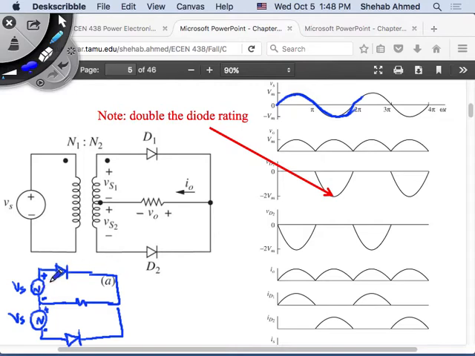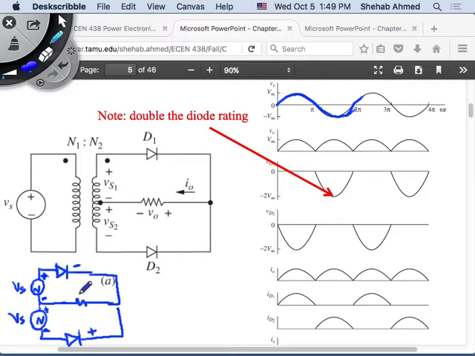So what will this diode see? In the positive half cycle, this is a positive potential, then this will be less positive, so negative with respect to it. How about here? This is the most negative potential that this diode is seeing, then this is definitely a little more positive, right?